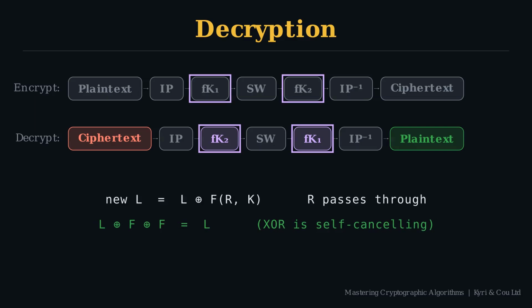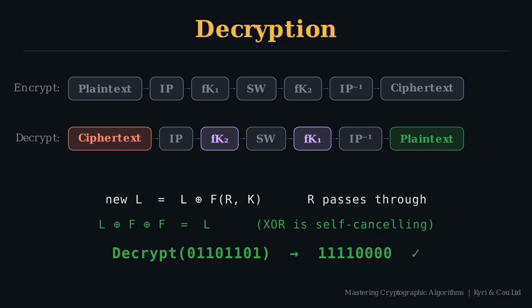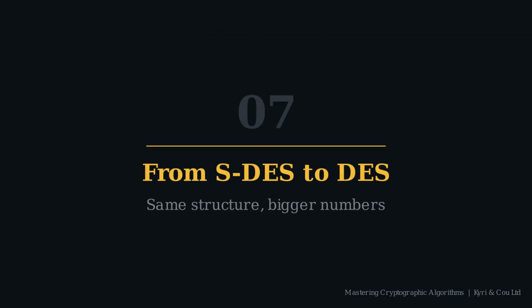And XOR is self-cancelling. If you apply the same value twice, it vanishes. Reversing the key order lines each XOR up with its twin, and the twins cancel. So we run it. The ciphertext goes in, K2 is applied first, and then K1, and the plaintext drops out, 11110000, recovered exactly. And that's SDES from end to end.